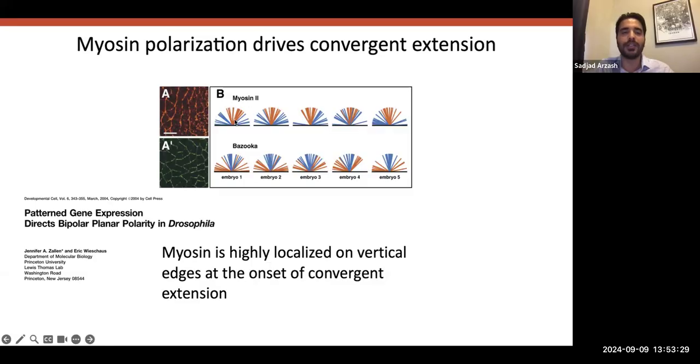So this is the myosin distribution versus the orientation, and the red is higher myosin concentration. You can see that on the edges that are oriented vertically, you have larger myosin concentration. That's consistent with the stripe-like patterns that we get by adding this local rule.